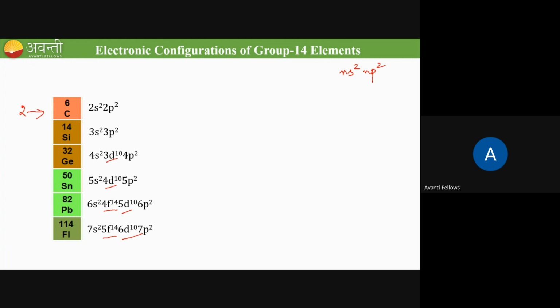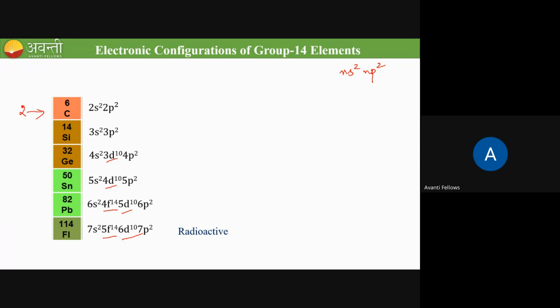These are the things you have to keep in mind while picking out the electronic configuration of the corresponding element. The last element, as I already told you, flerovium, is radioactive in nature. The only radioactive element in the carbon group is flerovium. Got it? Any doubts so far?